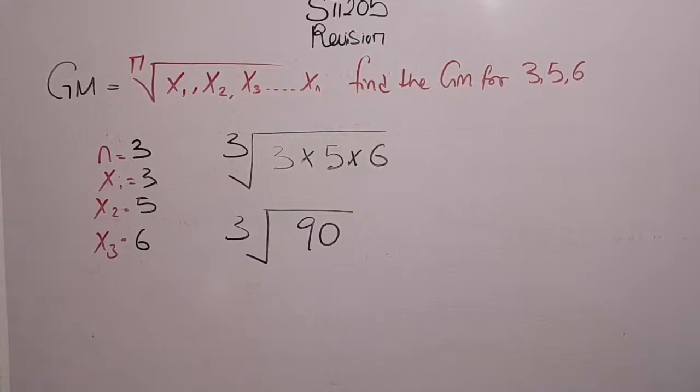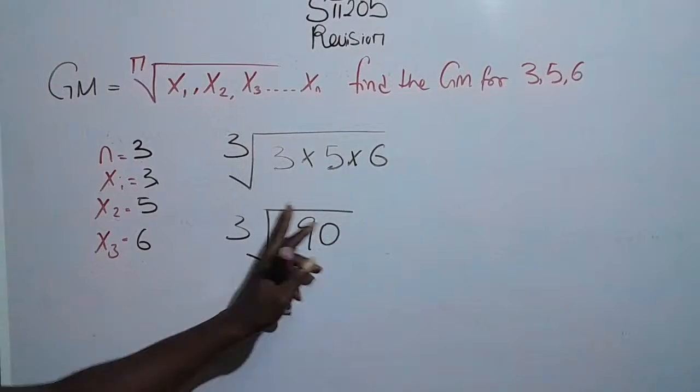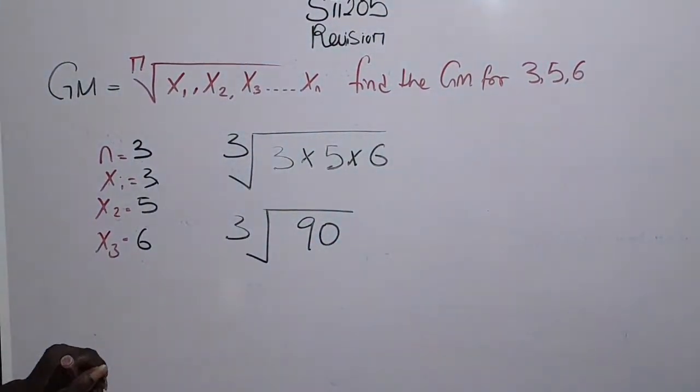So you can just do it this way. From what I have here directly, you have 3, then you have the root of 90. So this is what you should be getting.